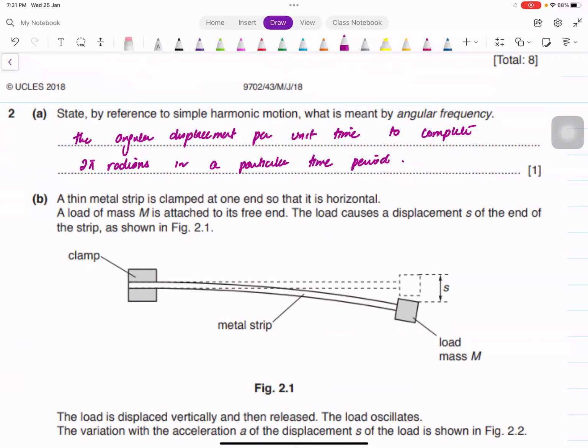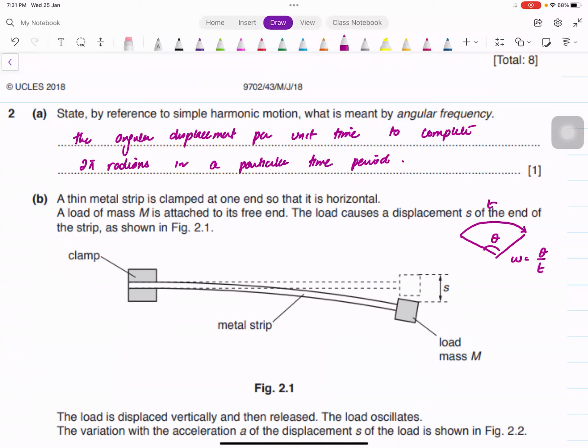But sir, how does this refer to simple harmonic motion? Okay, because in circular motion, if we just draw like 120 degrees or something like that, whatever that theta is, and it has gone through time t, we say angular frequency is theta by t, right?